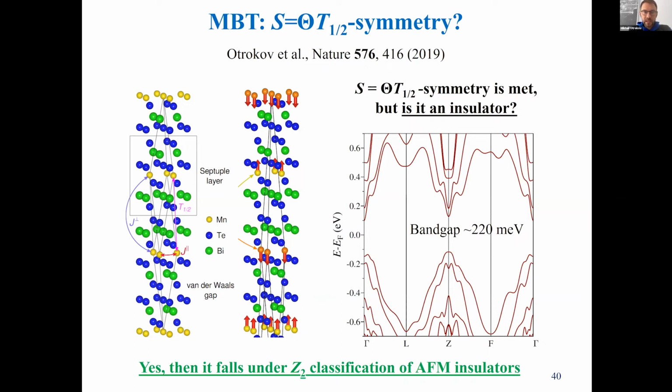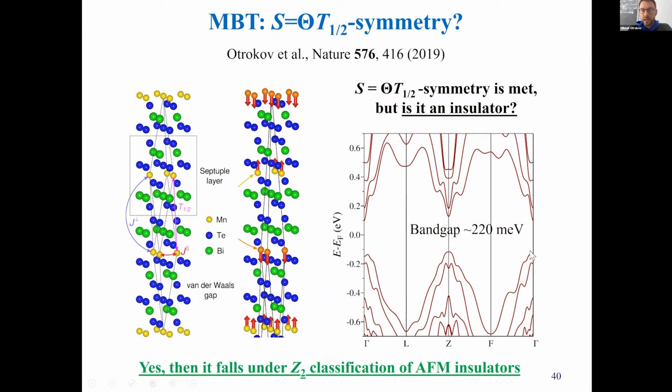But if you apply after the translation the time reversal operator theta, you flip the spin. So you translate it, you flip the spin, and this is how you nicely recover this antiferromagnetic structure. So the answer is yes, it is a symmetry, but is it an insulator?